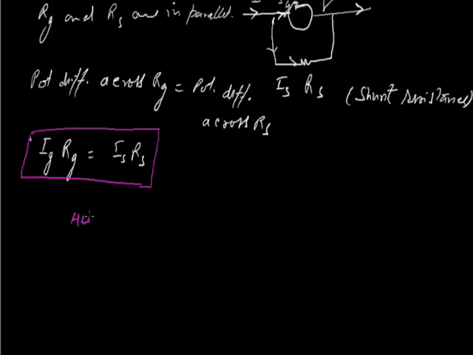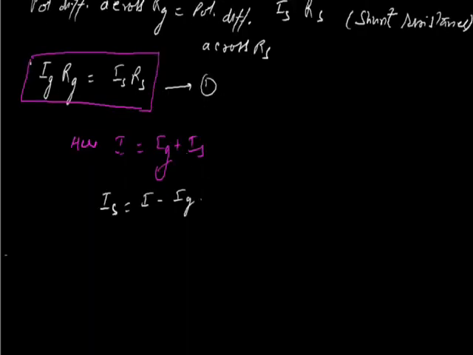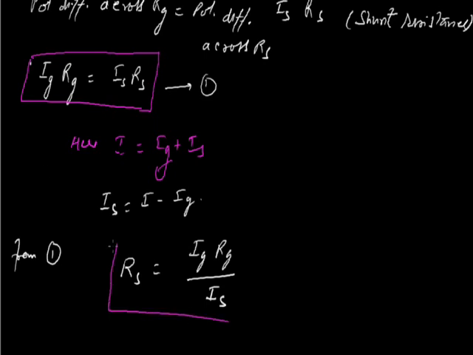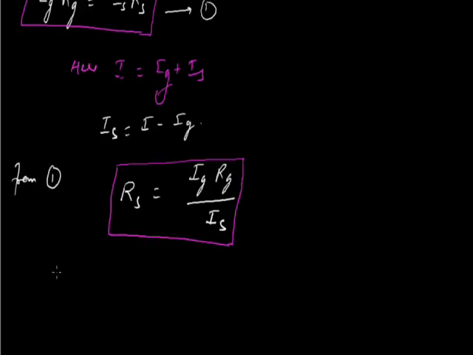Here total current I is Ig plus Is, or Is will be I minus Ig. From the first equation, Rs will be Ig Rg divided by Is, which is the required expression for conversion of galvanometer into ammeter.